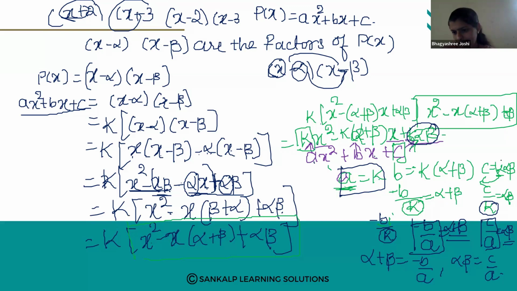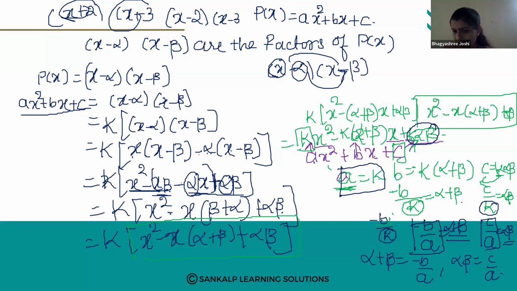Here see, transfer this k to this side. Only k, not alpha beta, only k I am transferring. When k comes here, it becomes c divided by k, right? So we know the value of k, that is a. Write a in place of k.